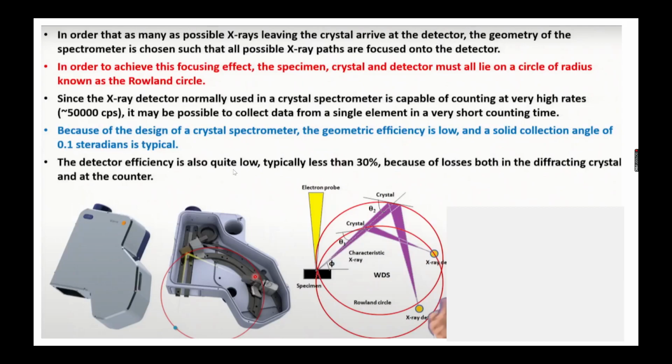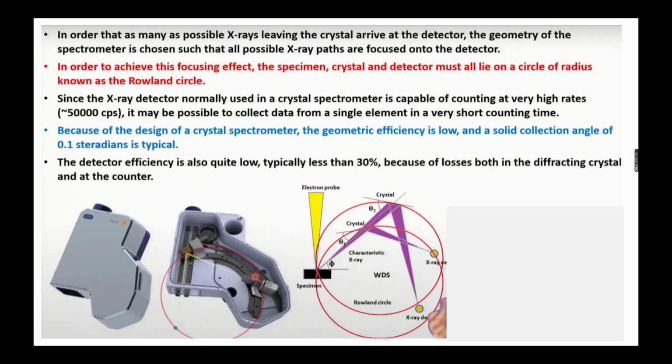So in order that as many as possible of the X-rays leaving the crystal arrive at the detector so that we can detect the signals, the geometry of the spectrometer is chosen such that all possible X-ray paths are focused onto the detector.